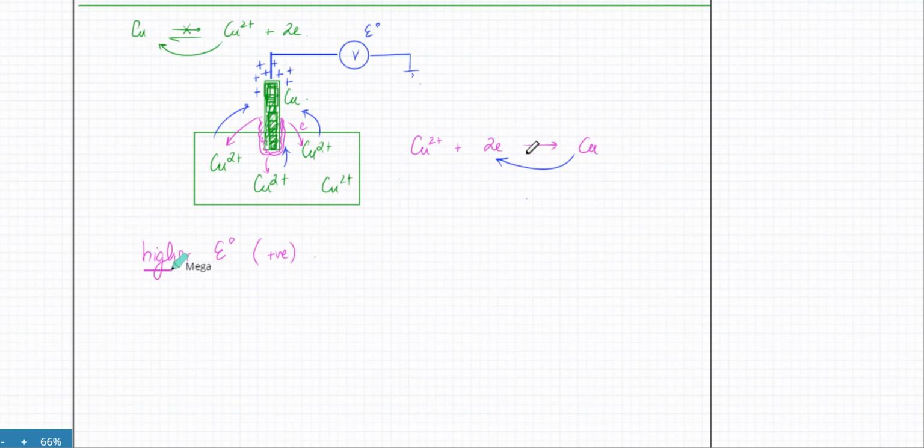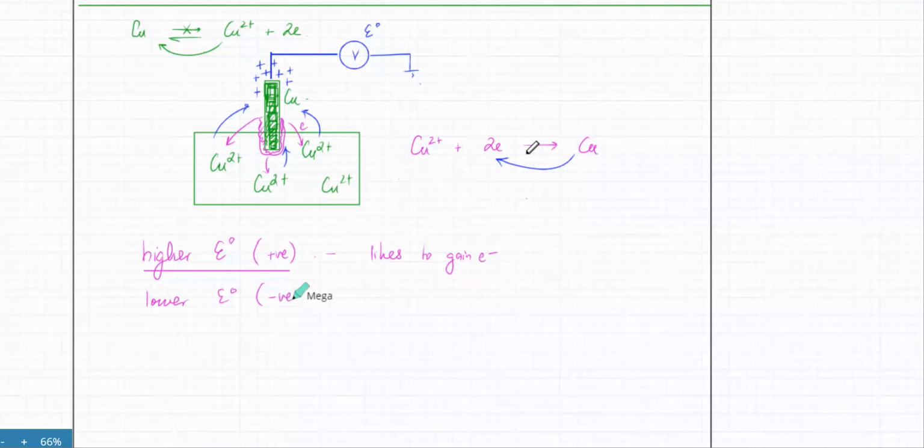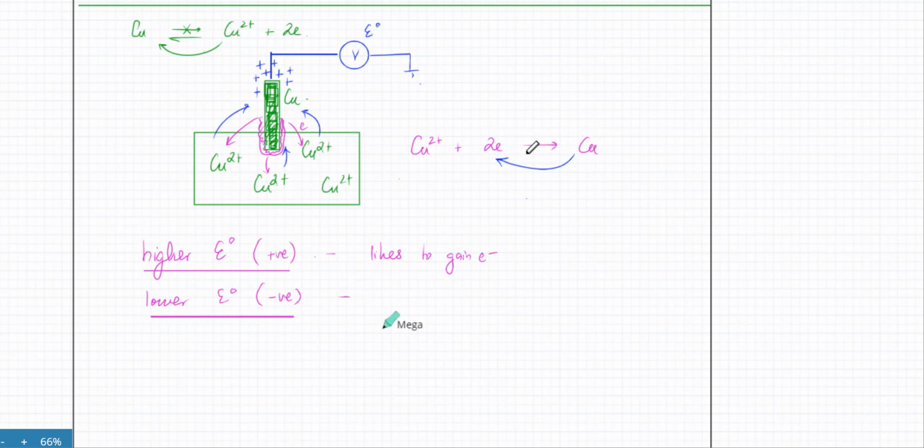So if the potential is higher, that means the substance really likes to gain electrons. It's got a strong tendency to gain electrons. And if the potential is lower, if it's a negative potential, then that would indicate that the substance really likes to lose electrons.